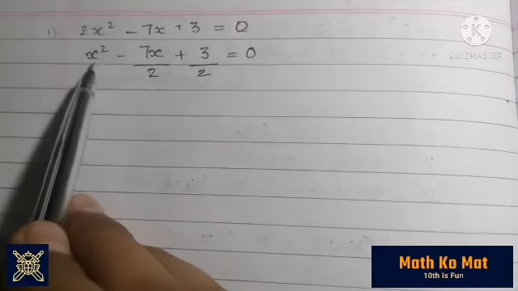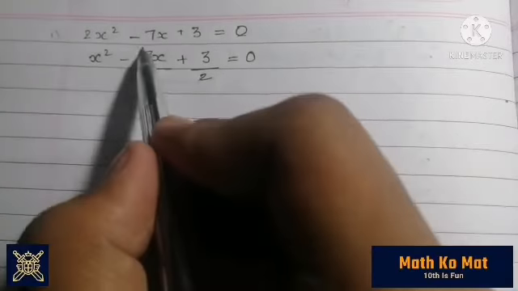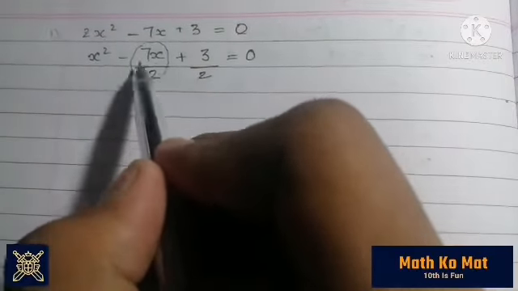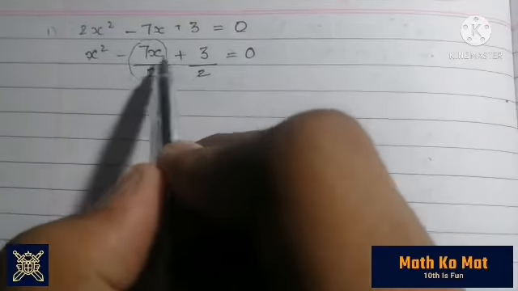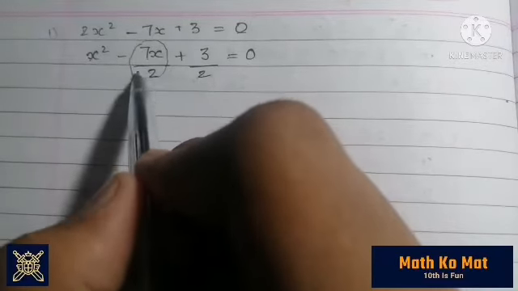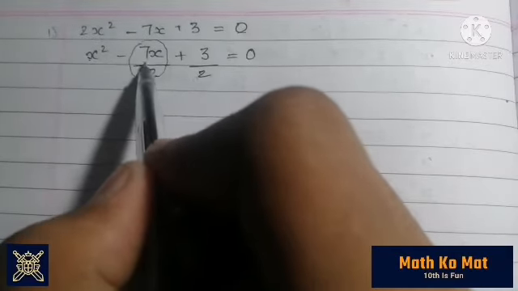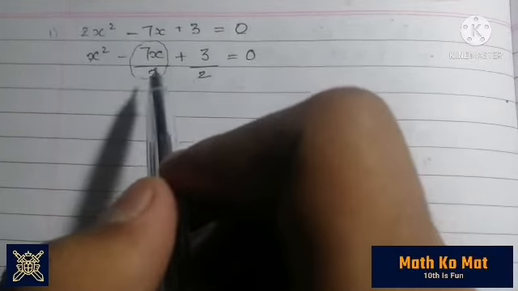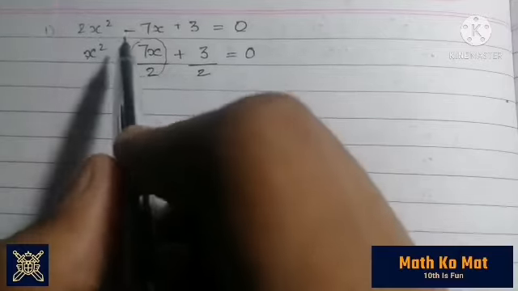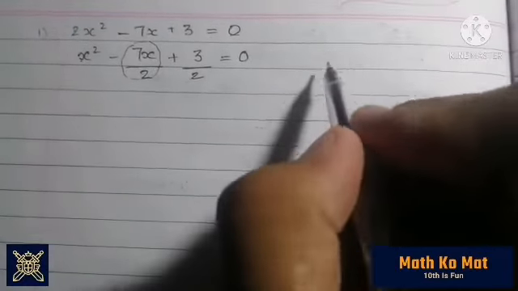So here you have x square minus 7x by 2 plus 3 by 2. Take this central term. This has the x also and this has some constant also. With this term we will be dividing the coefficient of x, that is 7 by 2, by 2 once more, and that will be compensated by the 2ab type representation of an identity. Let's see it over here.